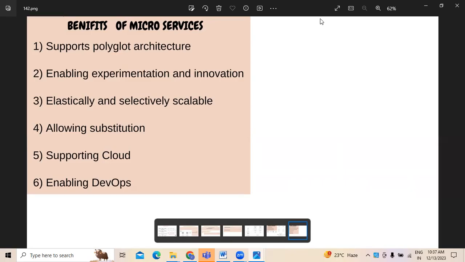Now the third one is elastic and selective scalability, because scalability in terms of implementation as well as the cost of implementation will be minimal. Whatever services are selectively applied, that is the only thing we implement, and nothing else apart from that.